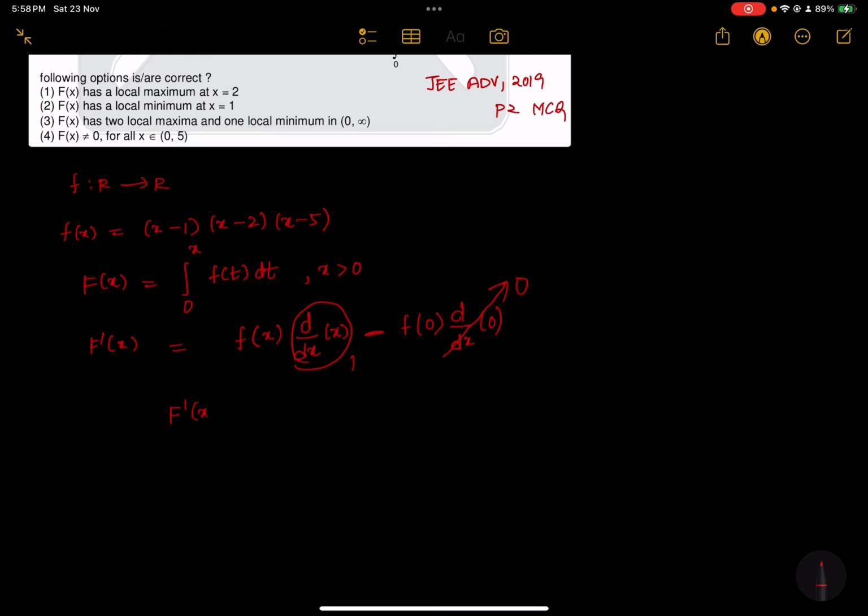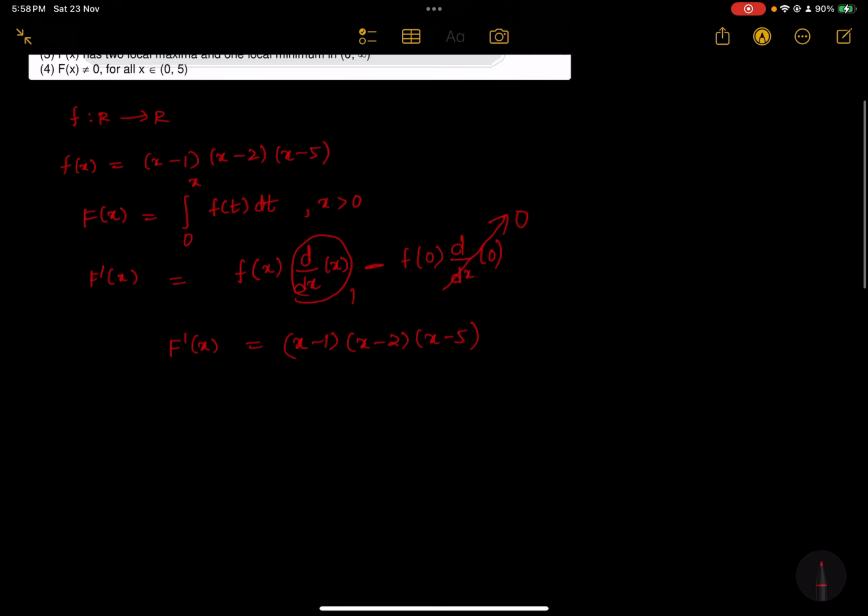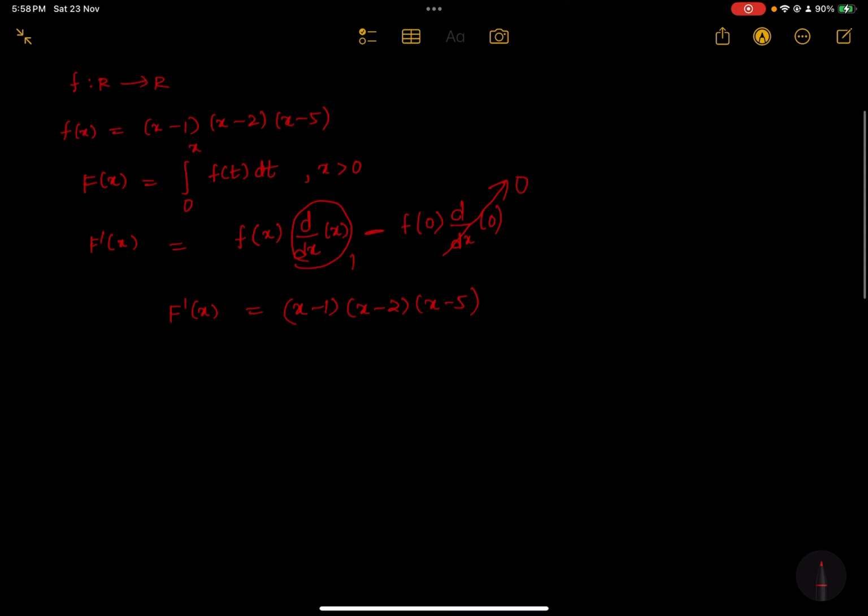Therefore F dash of x is simply f of x, which is (x minus 1)(x minus 2)(x minus 5). So now if we take the number line, F dash of x is 0 at x equal to 1, 2 and 5.